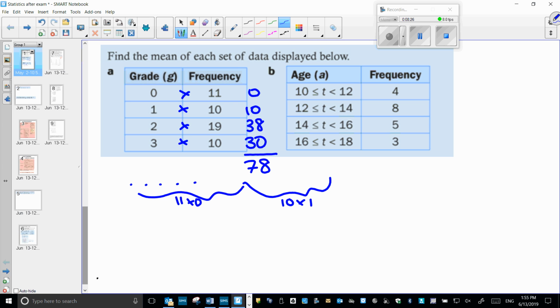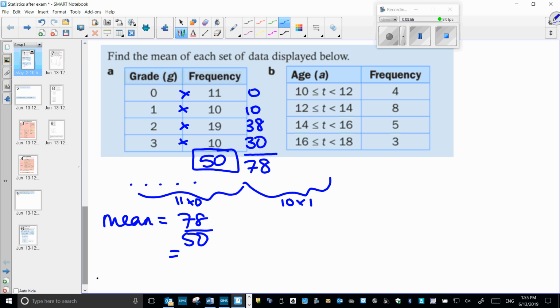Again, this is a summary of the data. This is saying that the numbers are either a 0 or a 1 or a 2 or a 3. It's not saying how many of them there are. This is the column that tells us how many there are. So we would add these numbers up. It's 50, isn't it? Yeah. And then we would find the mean by doing 78 divided by 50.